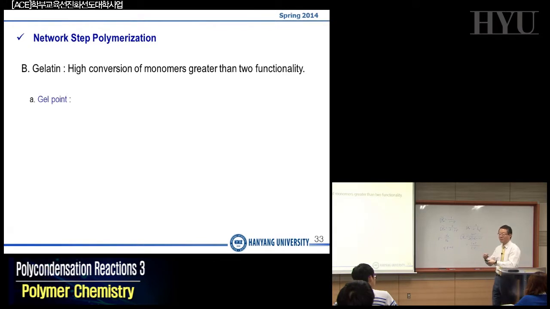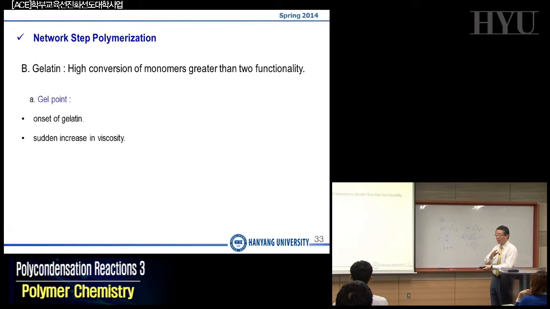Well, a little bit of a semi-solid state, such as gelatin. If you have a jelly or gelatin, it's not solid. Okay, it's not a solution. So it's in between. The gel is in between the solid and liquid, and at the gel point, the viscosity increases all of a sudden.